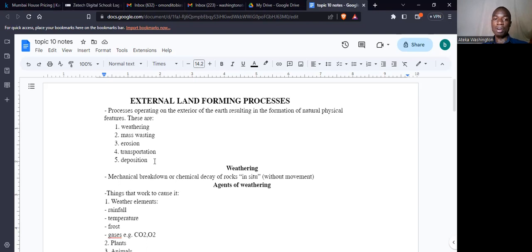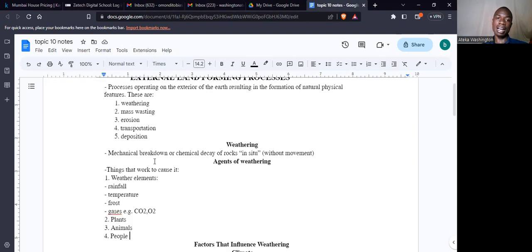Now, upon all these processes taking place, weathering, mass wasting, and erosion, there must be transportation where this material is being transported from one point to another. Hope you are getting me very well. Then we also have deposition, where the material will be deposited or left after transportation.